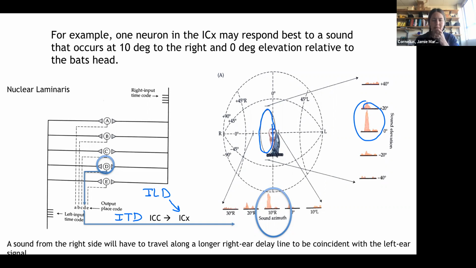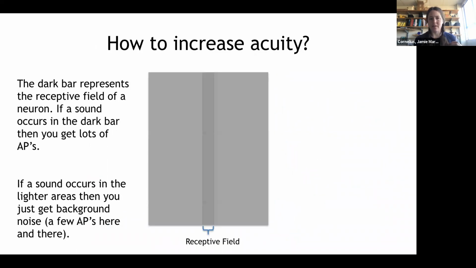But one problem that all sensory receptors have is how to enhance the acuity of receptive fields. In other words, here's a visual example because it's so easy to think about visual things for us.